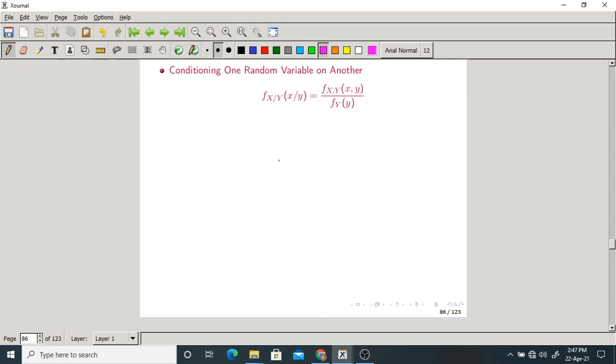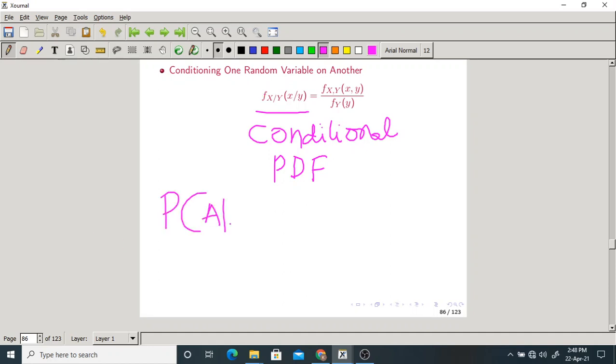Now this is the conditional PDF, conditioning on another random variable. So here x given y. Okay, this is very simple to calculate. Just go back to probability. Suppose I say probability of a given b, what do you do?